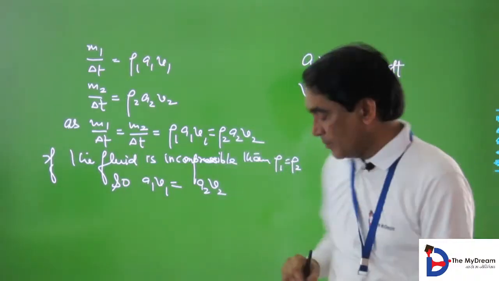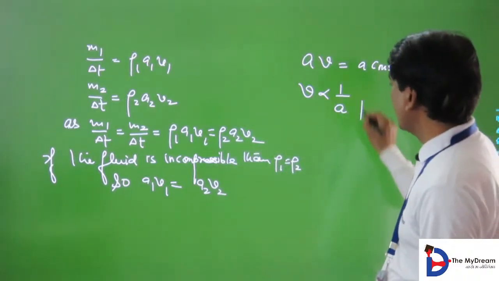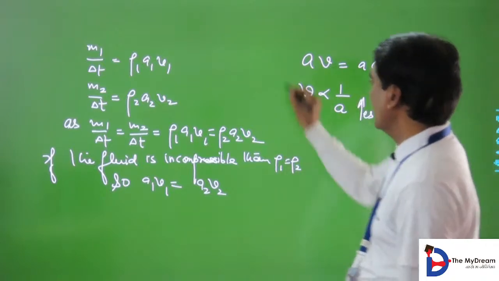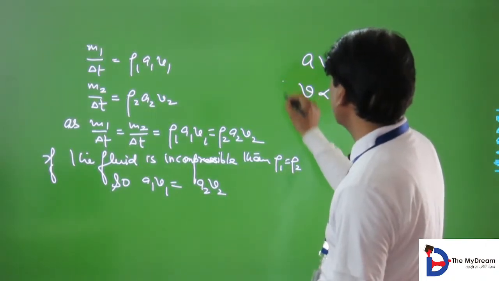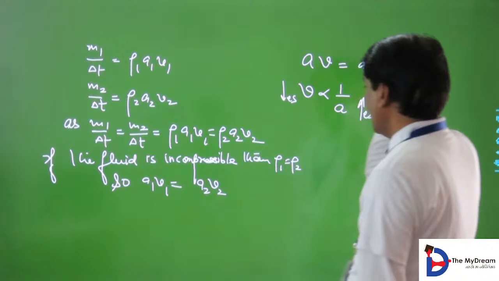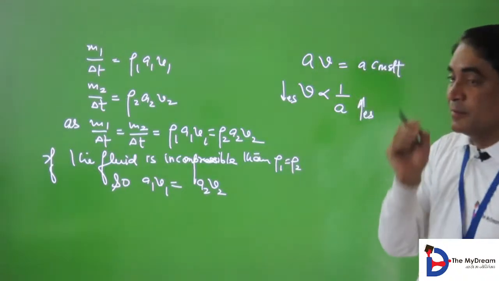The more the area of cross section, the lesser the velocity, but the rate of flow remains constant.